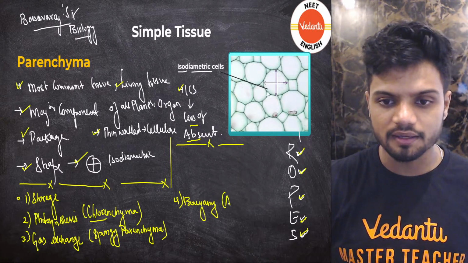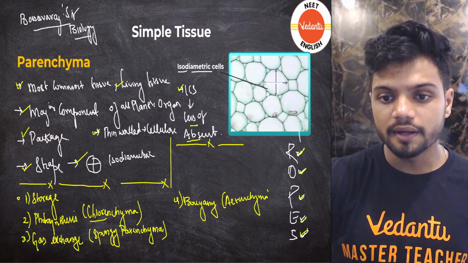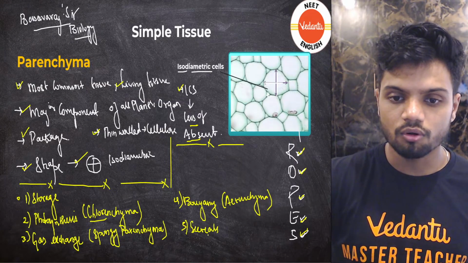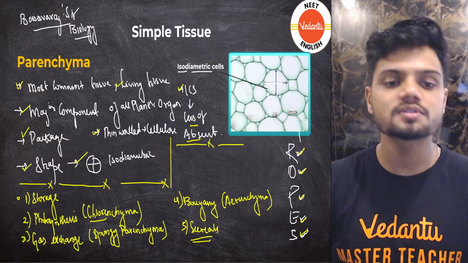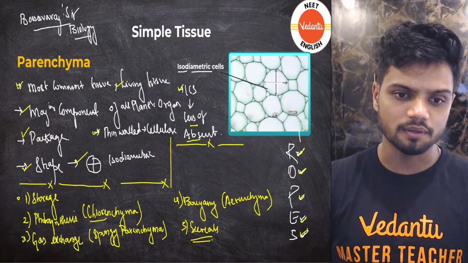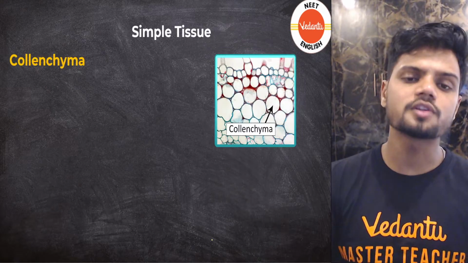That is called aerenchyma. It can also secrete things, release certain substances. That also is a function of parenchyma. Clear? Done.